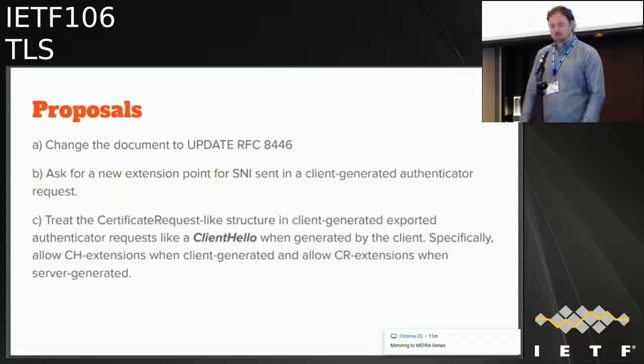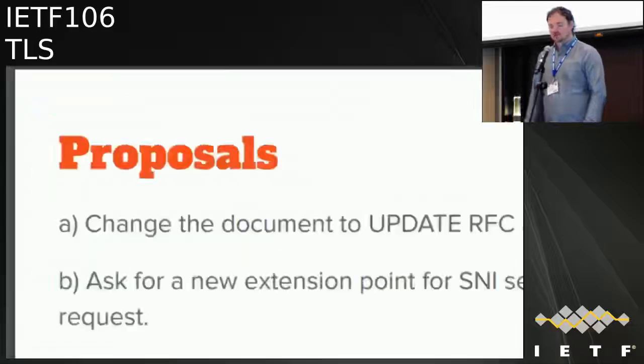If there's any other extension that's going to fit into this, then you have to spin out a duplicate meaningful extension. SNI exists in client hello, so it's not defined in certificate request in TLS, but this is a certificate request looking structure.